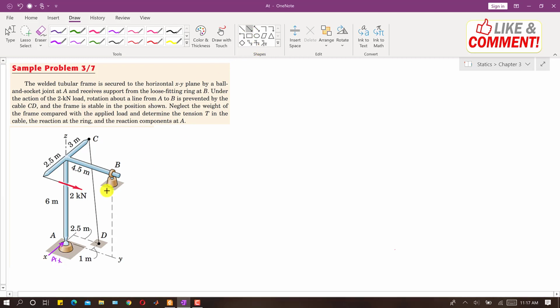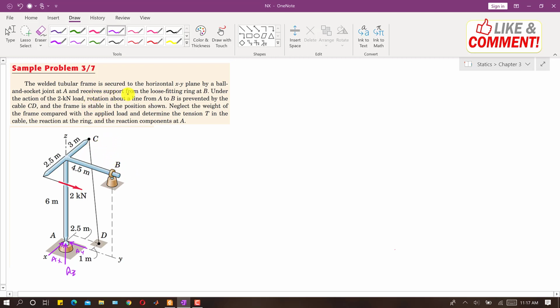Then there will be a reaction along Y, let's say this is AY. And similarly, this can support a reaction in the Z direction as well, so this is AZ.